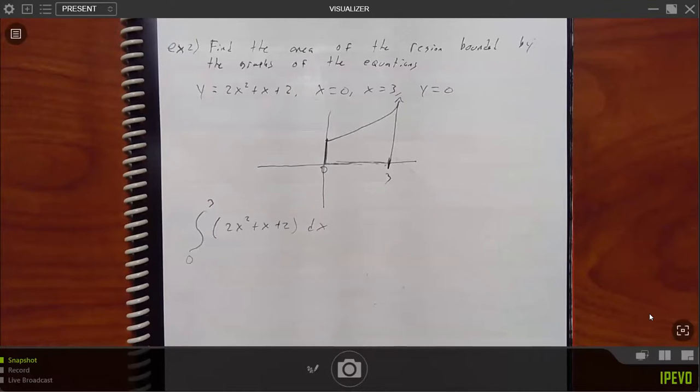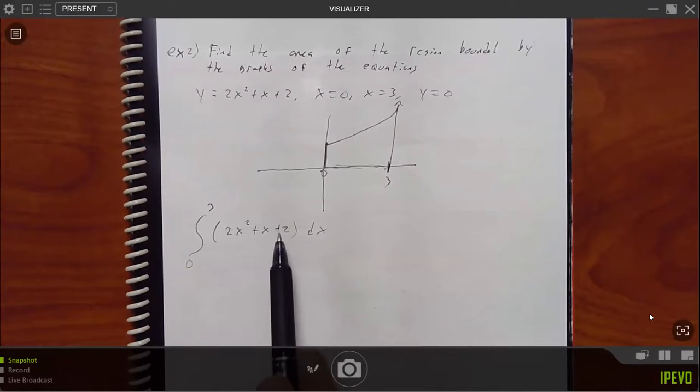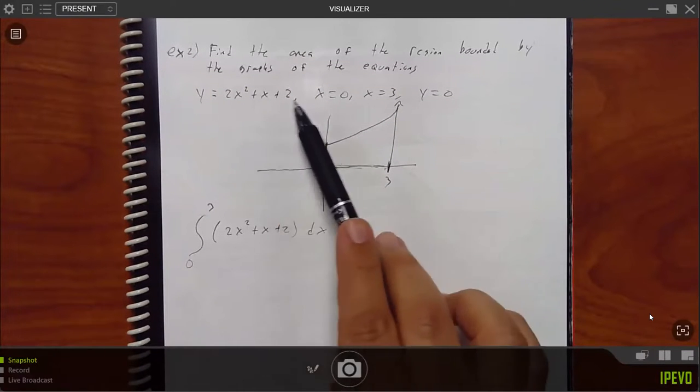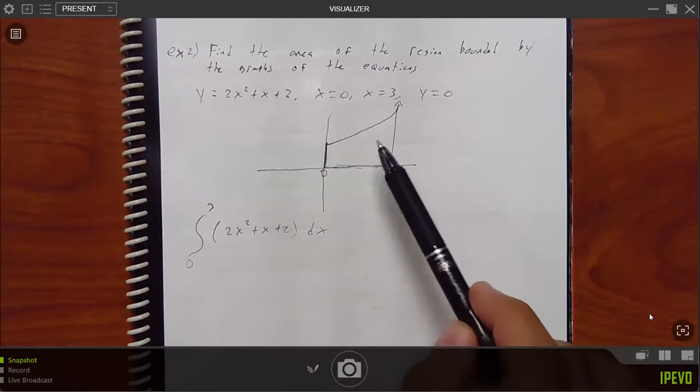Okay, so far? Because you have to create the integral yourself, using, like, graphing this or using a grapher to help you.